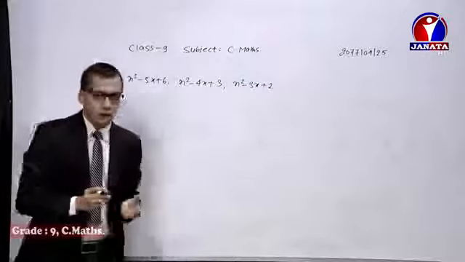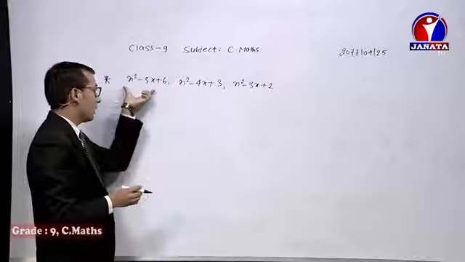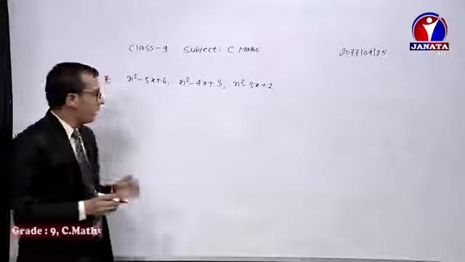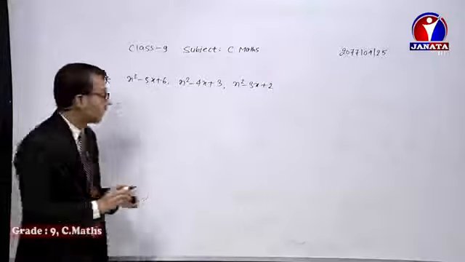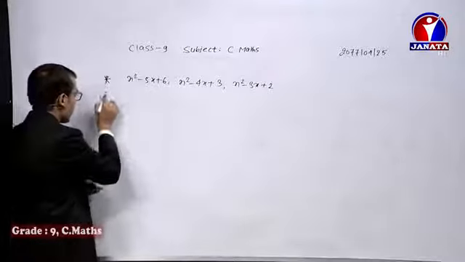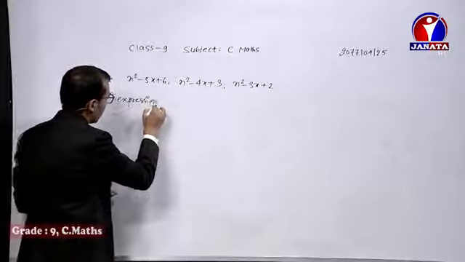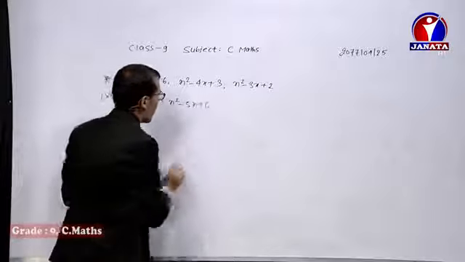Again we have three different expressions, and each expression consists of three terms. So first of all we need to factorize all three expressions. Let me do one. The first expression here is x square minus 5x plus 6.